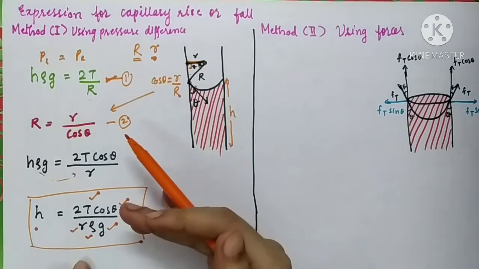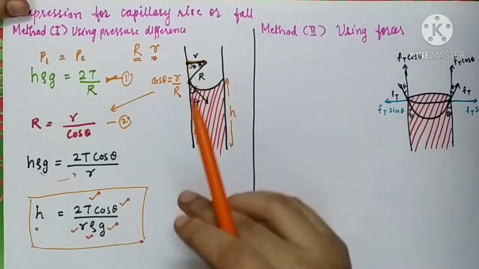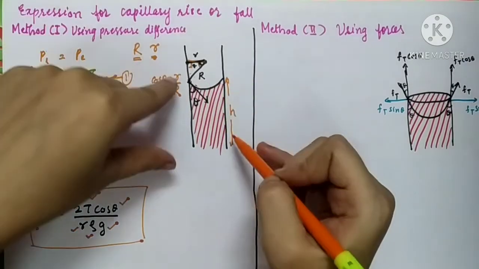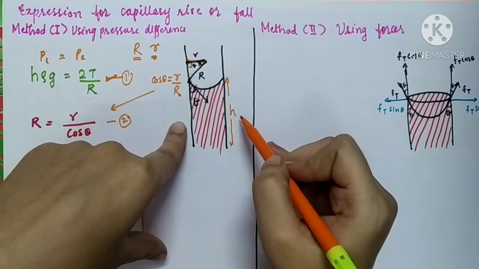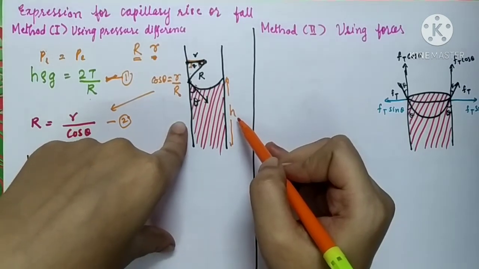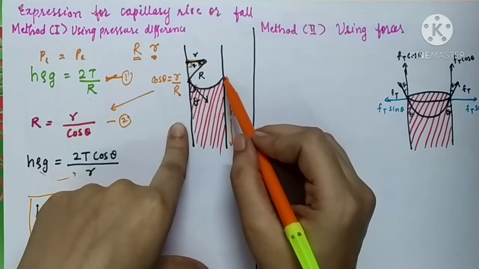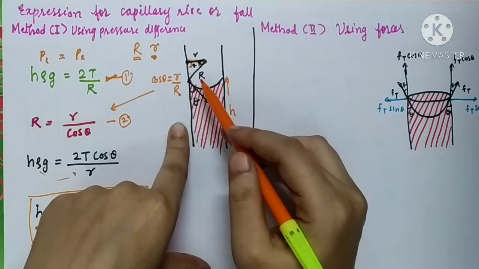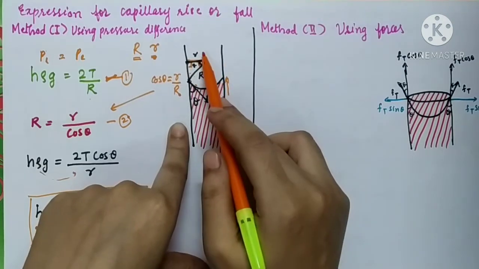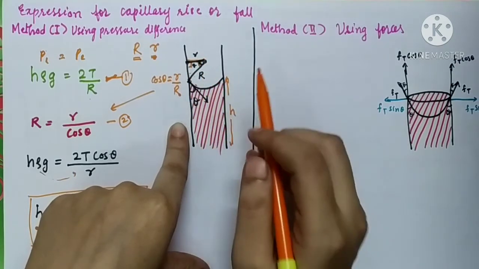Let's repeat it once. Here we have taken a capillary tube. The liquid rises in the capillary tube to a height h. The liquid meniscus will be concave over here. The concave liquid meniscus will have a radius capital R, and let small r be the radius of the capillary tube.